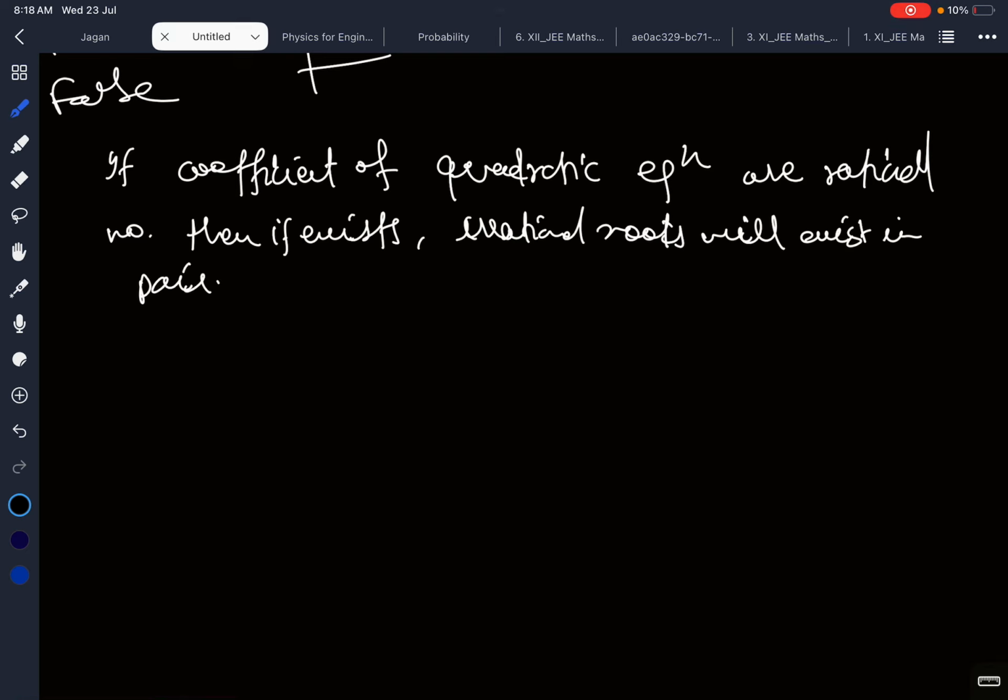This is one of the things. If the coefficients of a quadratic equation are rational numbers, then irrational roots, if they exist, will exist in pairs.